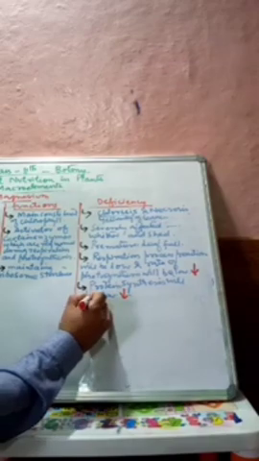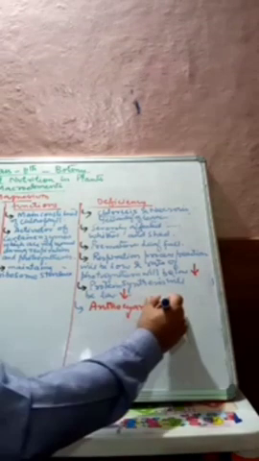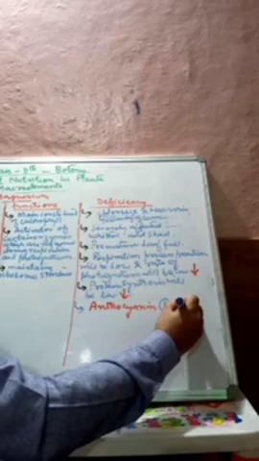हाँ, एक और बात, we have got the purple color pigment that is called anthocyanin. Anthocyanin, that is the purple colored pigment.